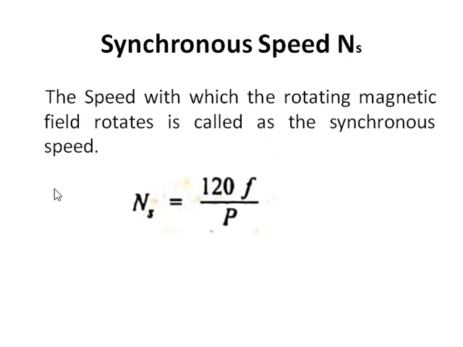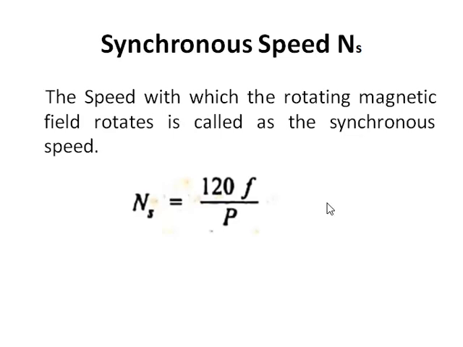So just to repeat, when a three-phase stator winding is supplied with a three-phase supply, it creates a rotating magnetic field. The speed of that rotating magnetic field is called the synchronous speed, represented as ns. And how do we write the formula for the synchronous speed? ns is equal to 120 f divided by p, and f is the supply frequency.